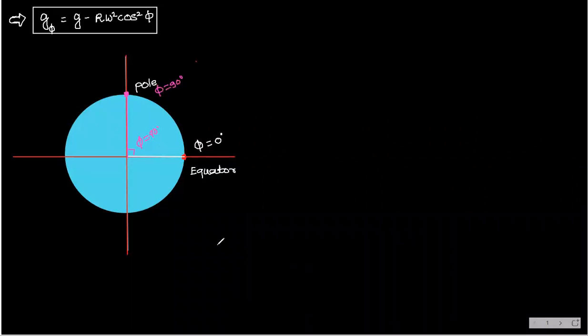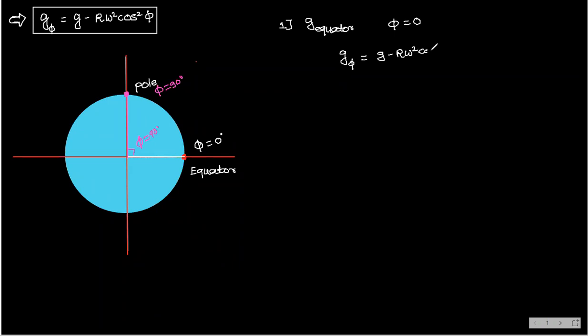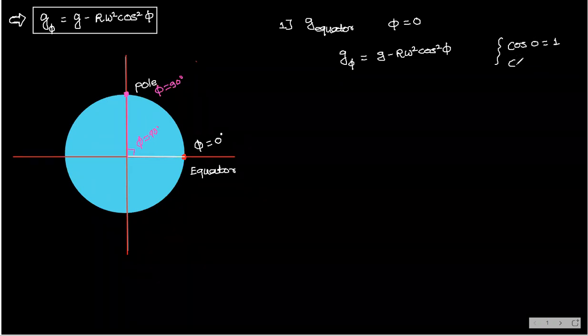Now see here, where will gravity be maximum? Let's find out. Number one, I am taking gravity at the equator, where phi is equal to 0. So g_phi is equal to g minus R omega square cos square phi. Now see, cos of 0 is equal to 1, so cos square 0 is 1 only.